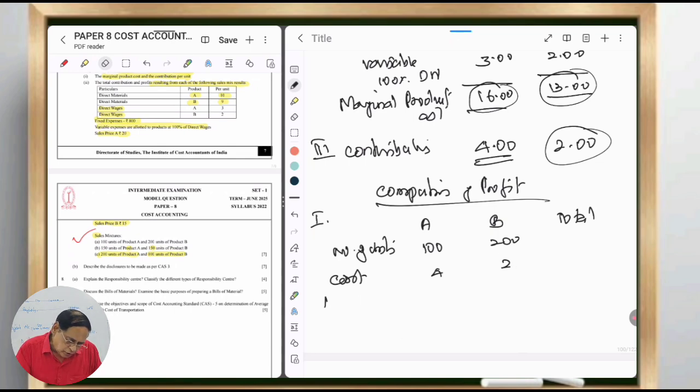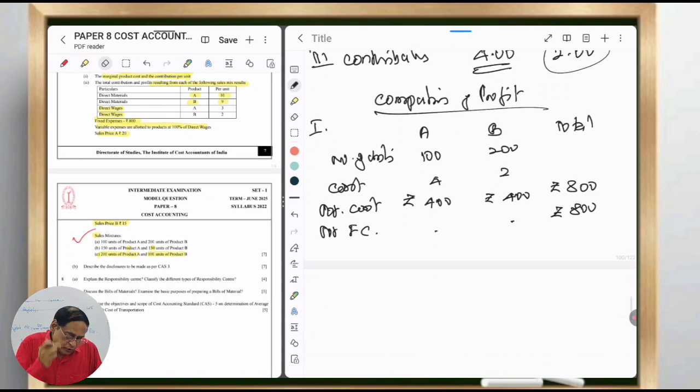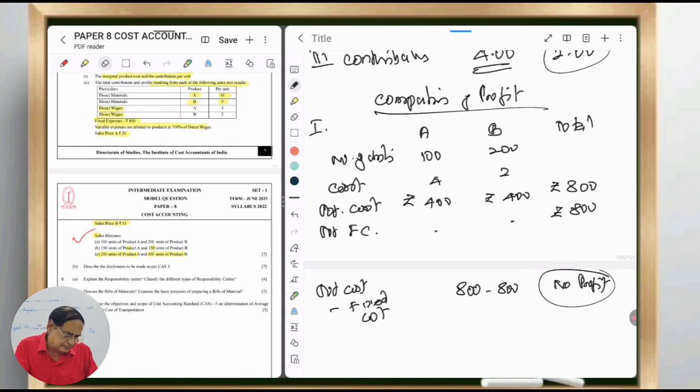For the total contribution, we multiply 100 into 4, that is 400 rupees, and 200 into 2, that is also 400 rupees. So the total contribution is 800 rupees. Total fixed cost is given in the question itself, that is 800 rupees. Profit means total contribution minus fixed cost, so 800 minus 800 is no profit. So in the first case, no profit.